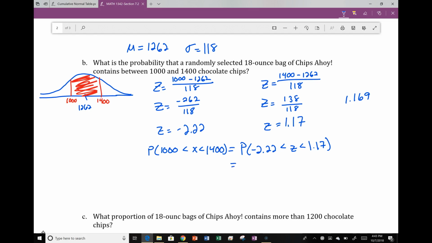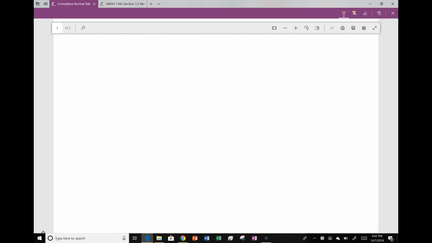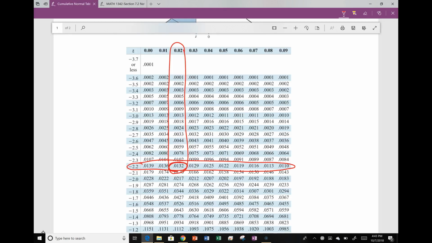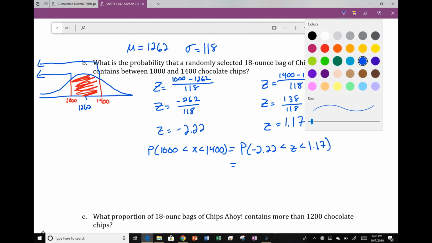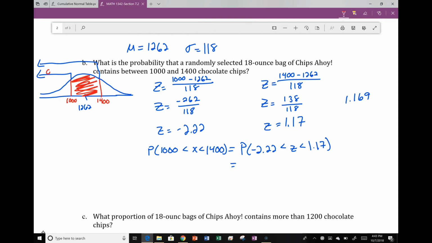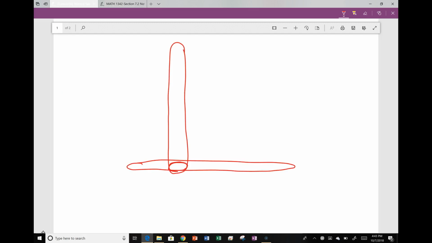I need to look up both of these on the table, and when I do, I'm going to have to subtract these values. If I look up the negative 2.22, that's a 0.0132, which we already knew from previous. So this is a 0.0132. Then I need to look up the 1.17.